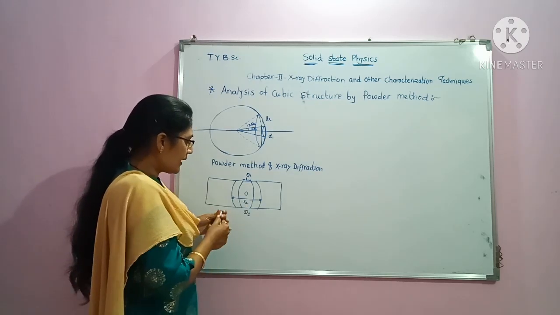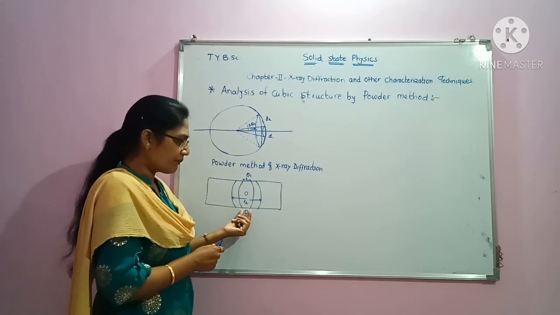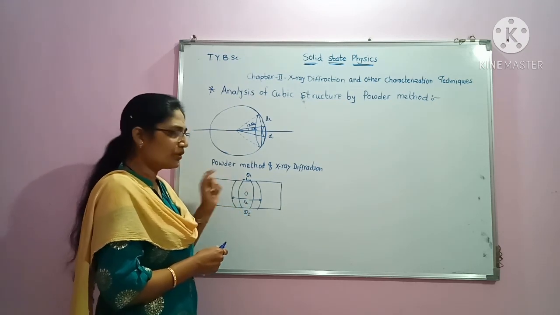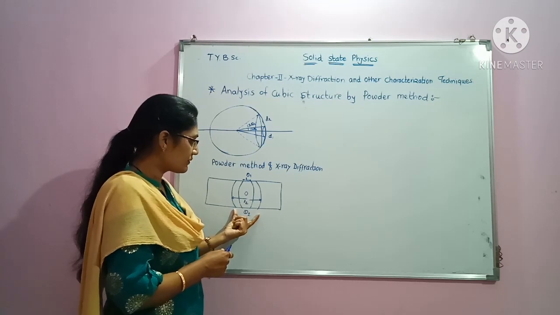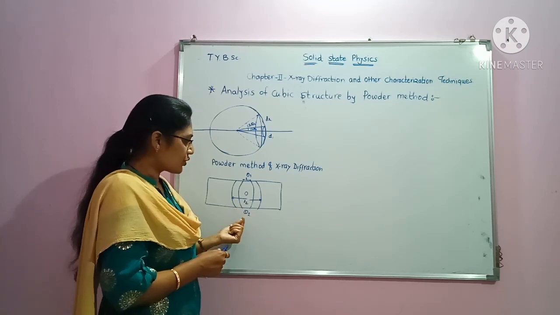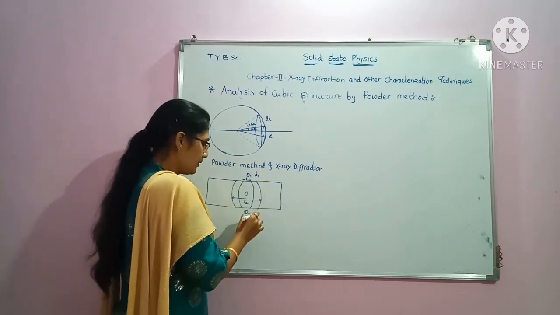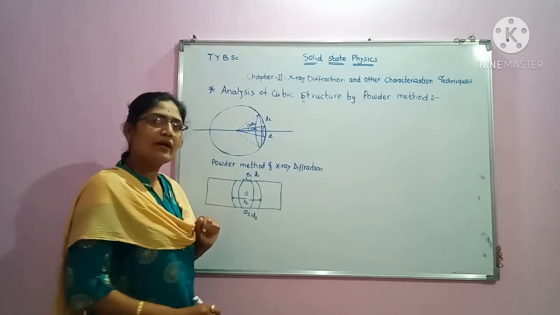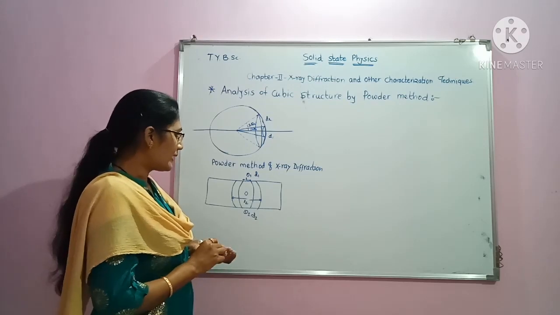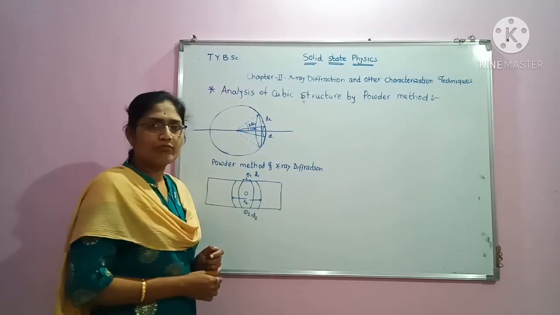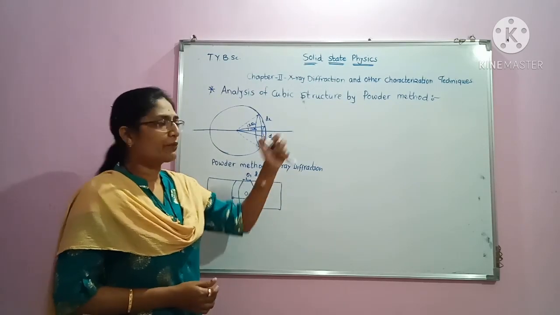Here L1 is the distance between the symmetric pattern which is obtained due to theta 1. L2 is the symmetric pattern which is obtained due to angle theta 2, and for them the d1 and d2 values are different. So like that, we have obtained such type of pattern due to powder method.